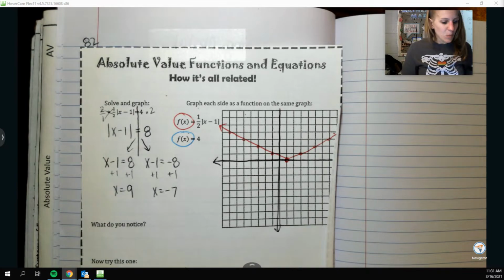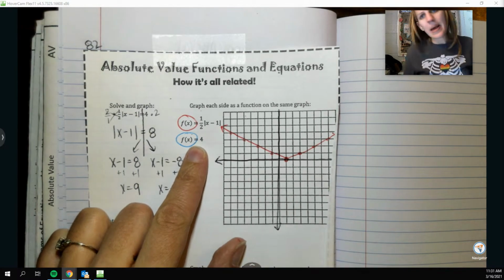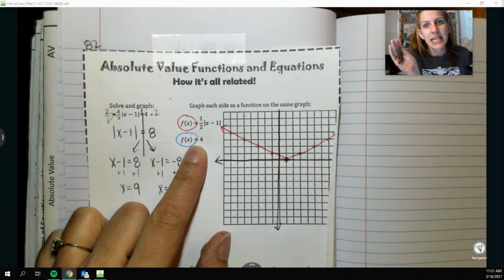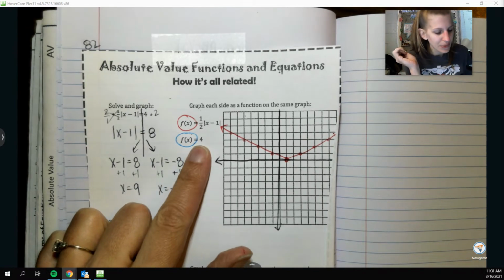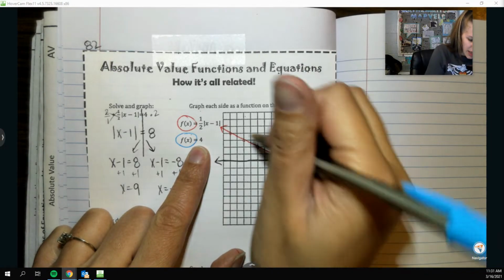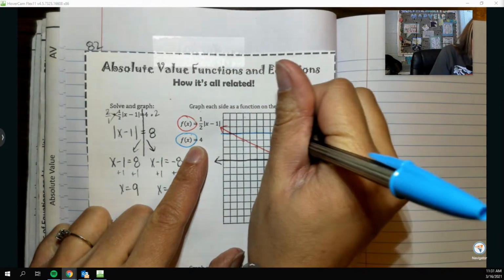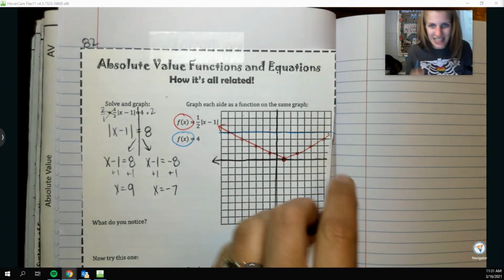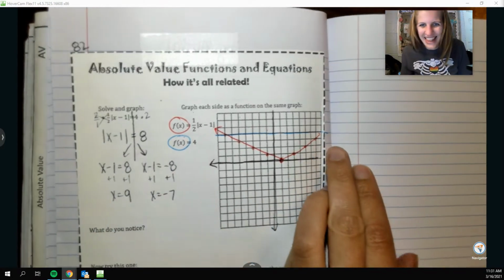Then the bottom one is kind of like a y equals mx plus b, but really it's just a number. And when it's just a number like that, it's a horizontal line through that number. So I go to 4, 1, 2, 3, 4, and I just look for where the two lines touch each other. Oh my gosh, and it almost doesn't.